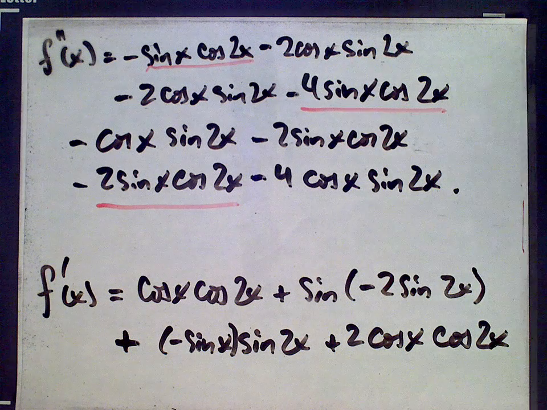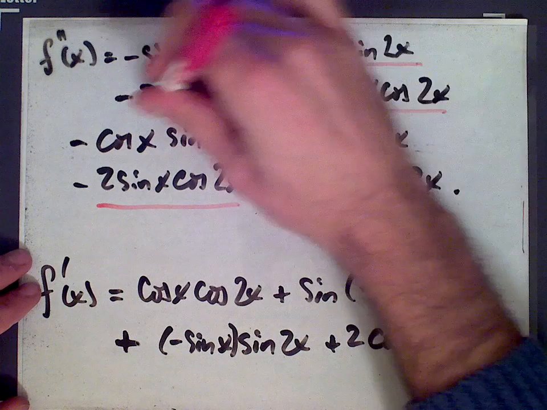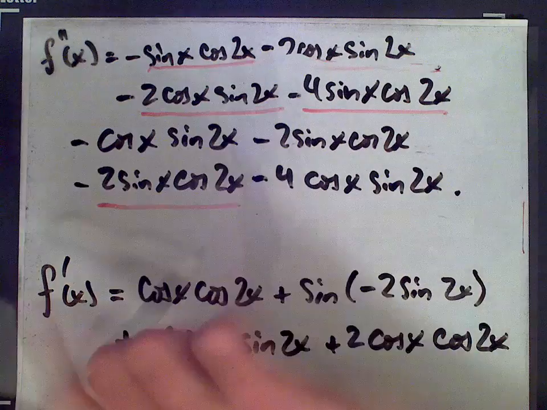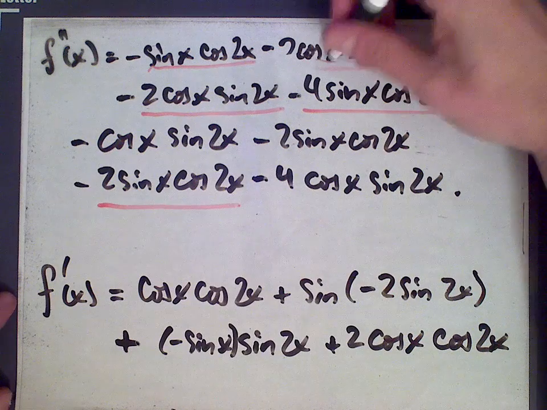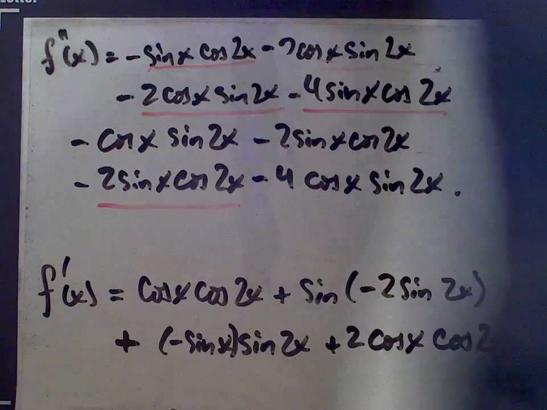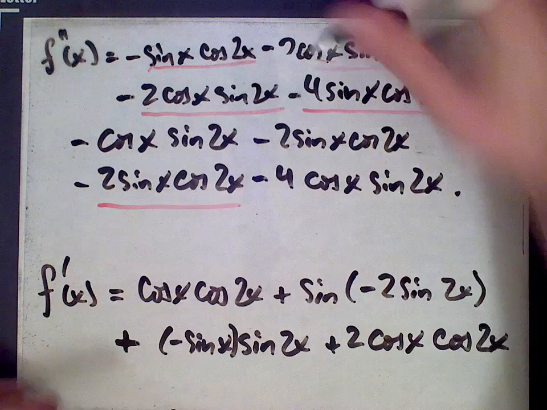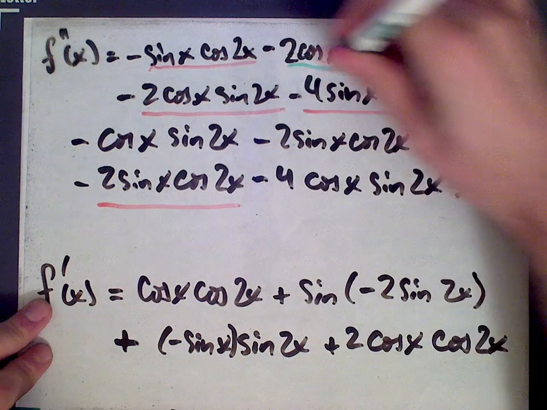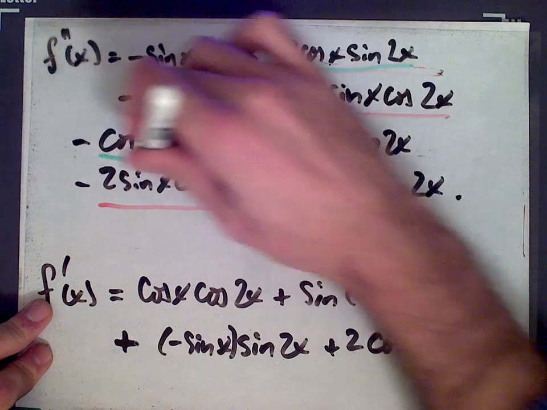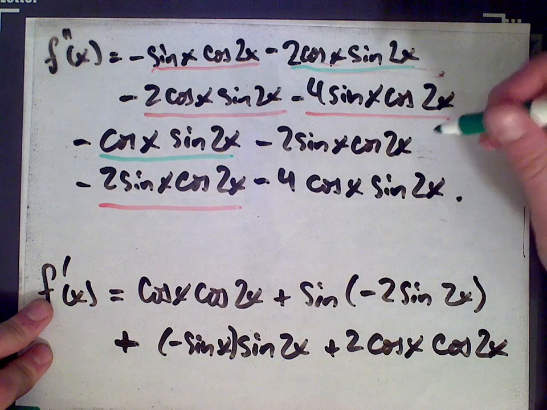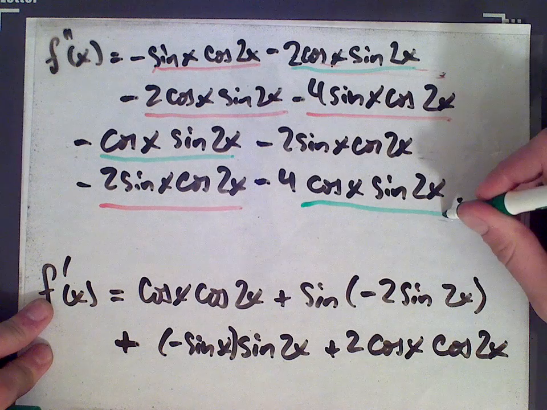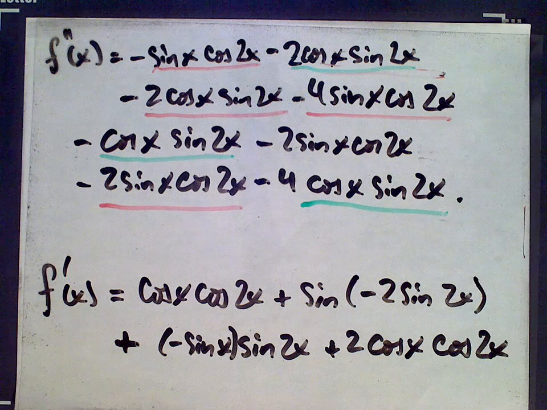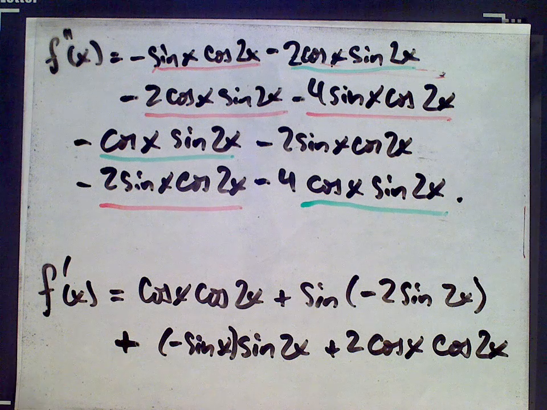What are the other terms we have? We have cos x sine 2x. Let me do this in a different color to be clearer. So those in red are all like terms. In green, we'll also underline like terms. So we have cos x sine 2x, cos x sine 2x, cos x sine 2x, and we need one more term.